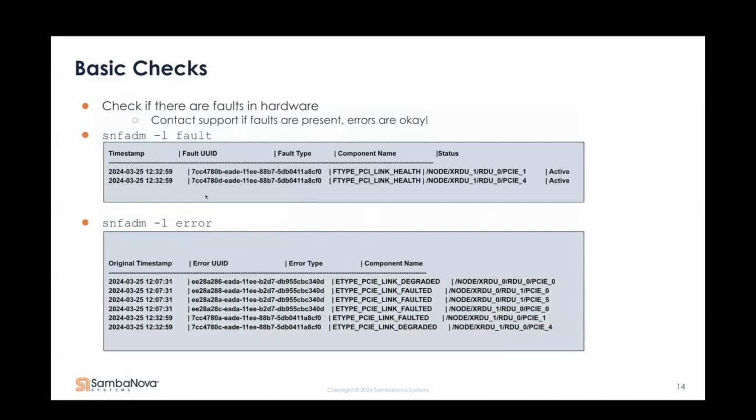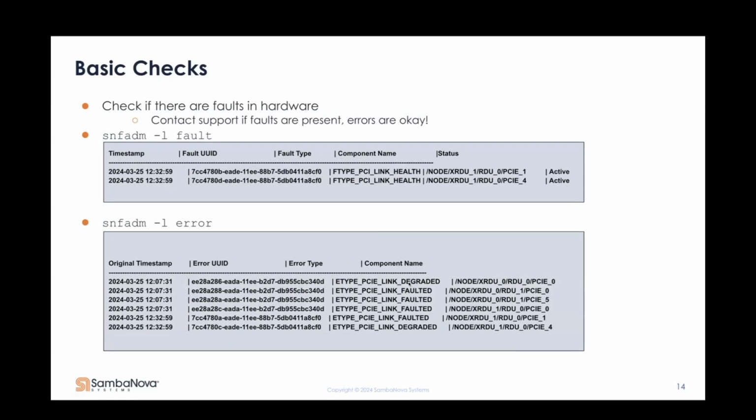These are some of the things that you might see if you also take advantage of snfadm fault and error. Faults are generally okay, and basically need to persist for a certain amount of time, like over 24 hours, before they're even a cause for concern. Errors are much more important.